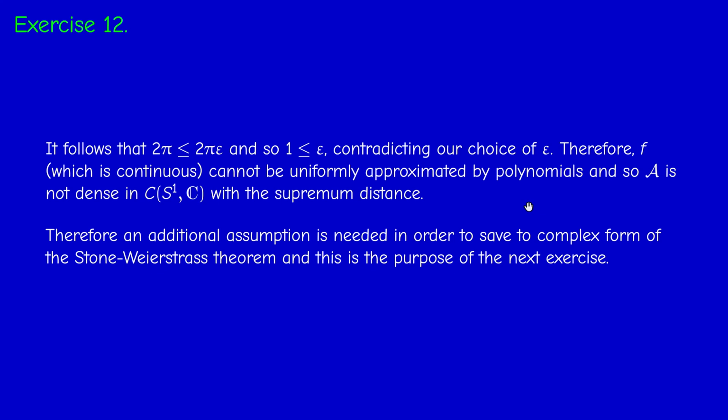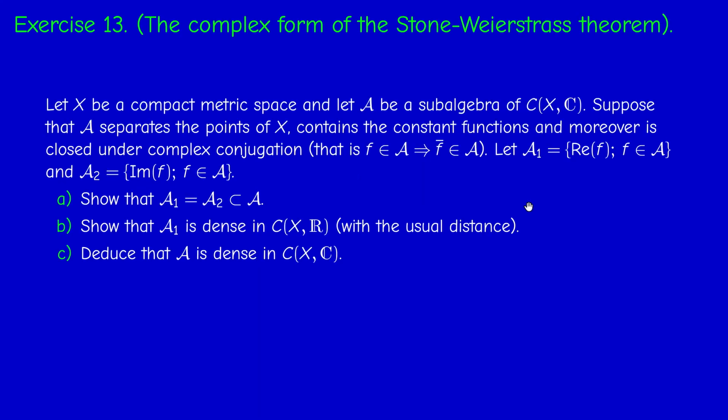Okay, so therefore, if we want to save the Stone-Weierstrass theorem in its complex form, we need to put an extra assumption, and this is what we shall do now. This is the assumption. We have to assume that in addition to the 3 requirements, that it's a subalgebra, contains the constant function, separates the points of X, we need the extra condition that A is stable under conjugation.